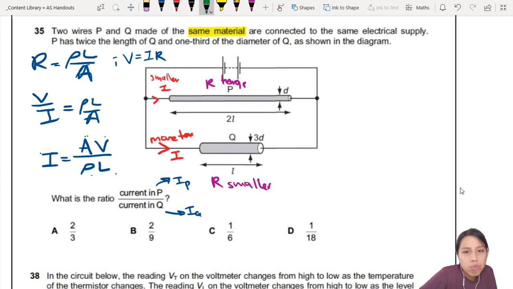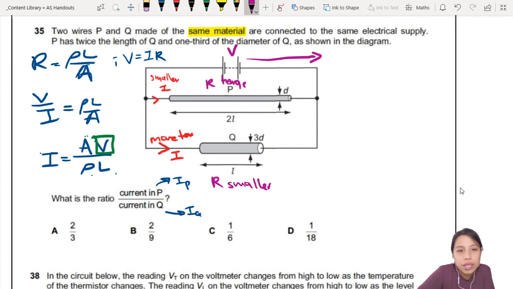V is the potential difference, and it's the same for both. Why? Because here you have some V coming from a power supply, and because these are parallel lines, the V across any parallel line is the same. So the potential difference across P equals VQ, so V will eventually cancel out.